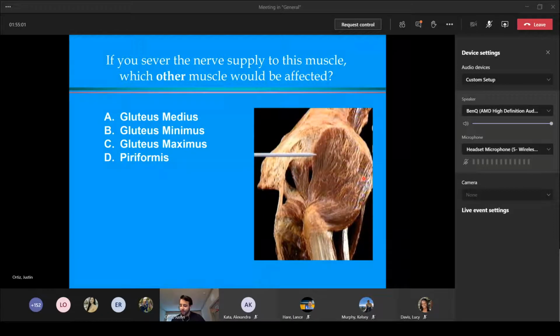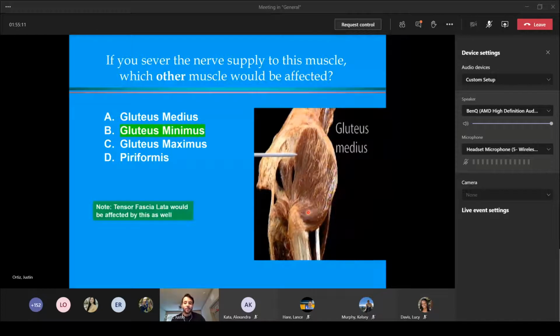Okay, I'll give you a few more seconds. See which other muscle. So yes, everybody seems to have a consensus. It is going to be, yes, gluteus minimus, right?